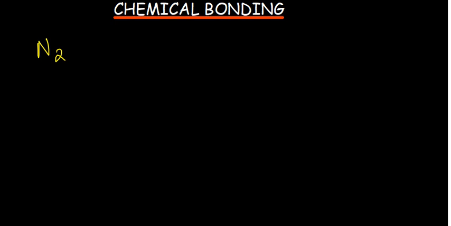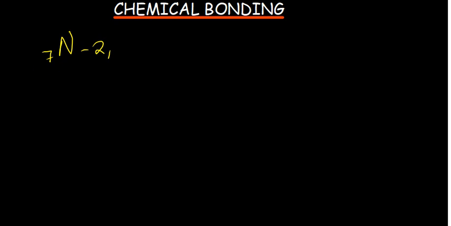So when we're talking about the nitrogen molecule, firstly we need to know the proton number for nitrogen, and the proton number for nitrogen is 7. So this one is formed when a nitrogen reacts with a nitrogen, and each of these has a proton number of 7, meaning that the electron configuration for each nitrogen is going to be 2. Now how many are remaining from 7?